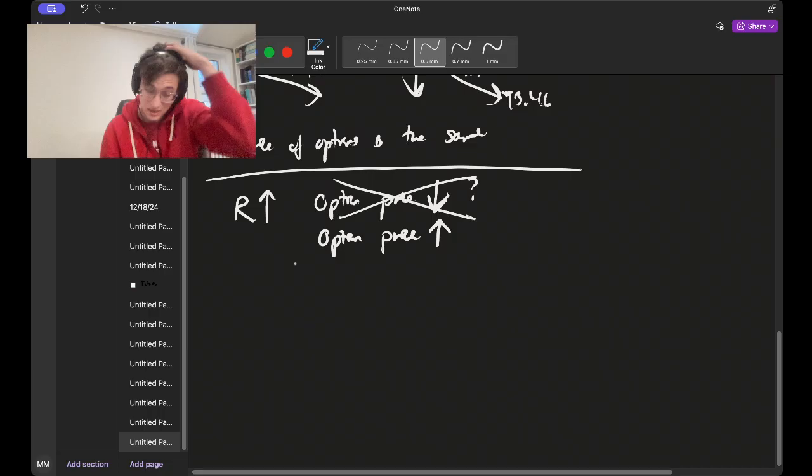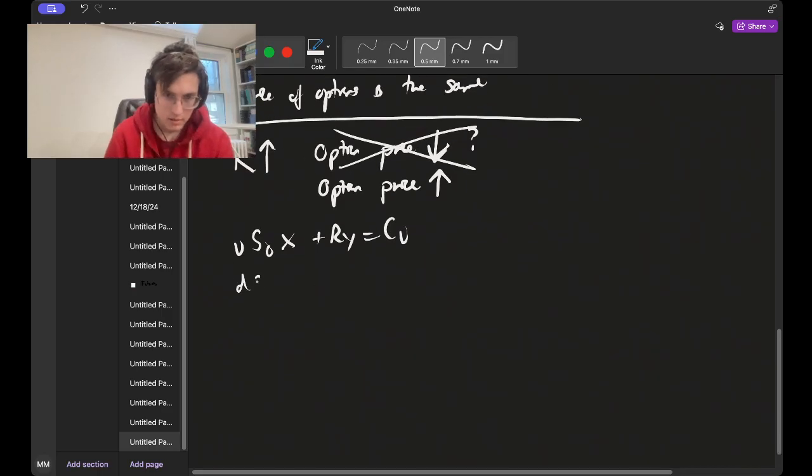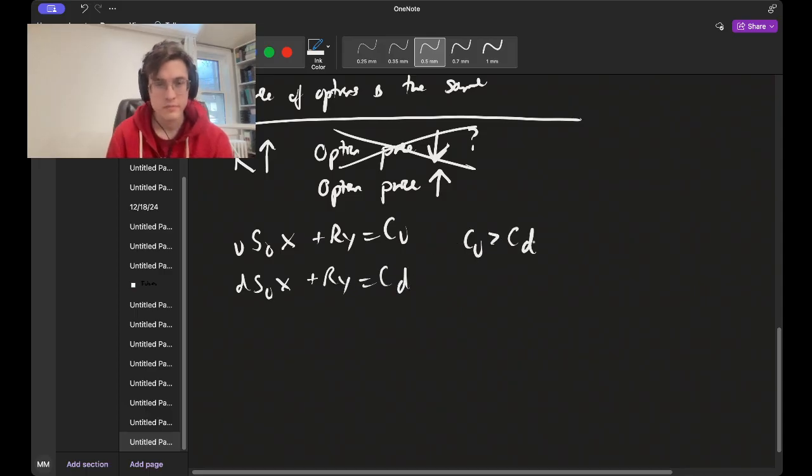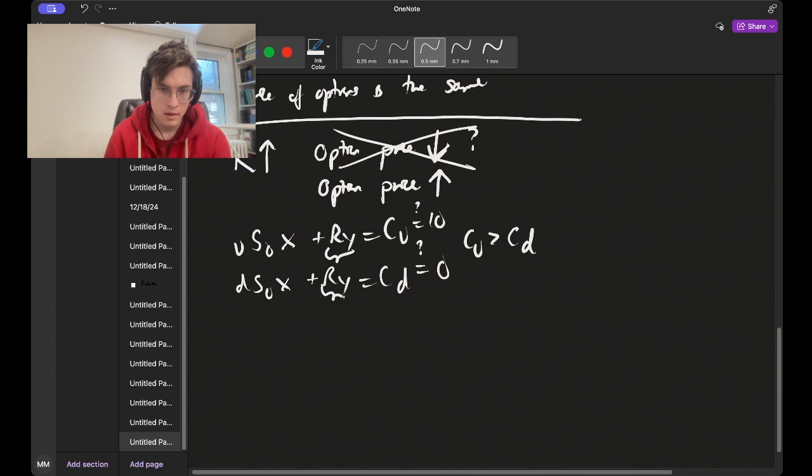And going back to our original equations, I'm going to try to come up with an explanation for this. So here we have this, and then we have this, dS times X plus rY equals Cd, where Cu is greater than Cd. So this, for example, could equal the value 10, perhaps, and this could equal the value 0. So when r goes up, the term here increases. And notice it increases both for the good case and the bad case.